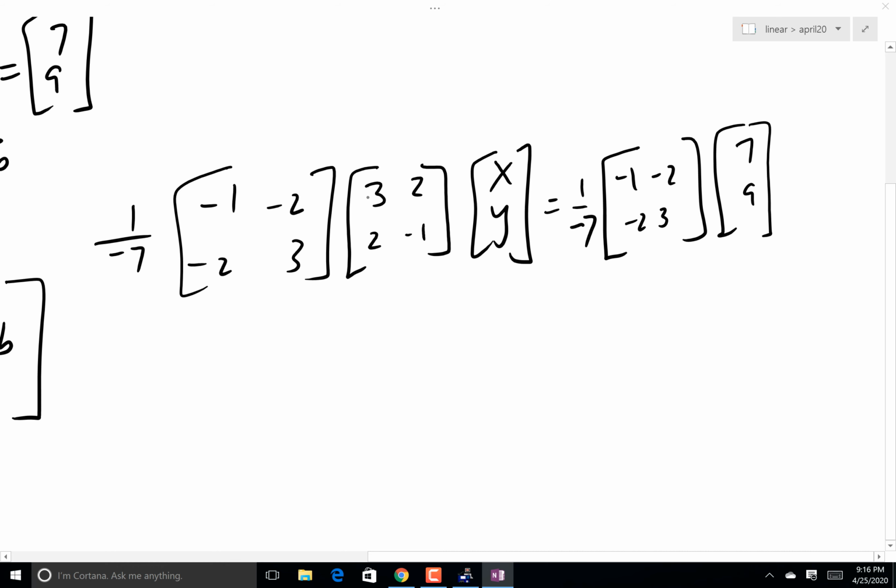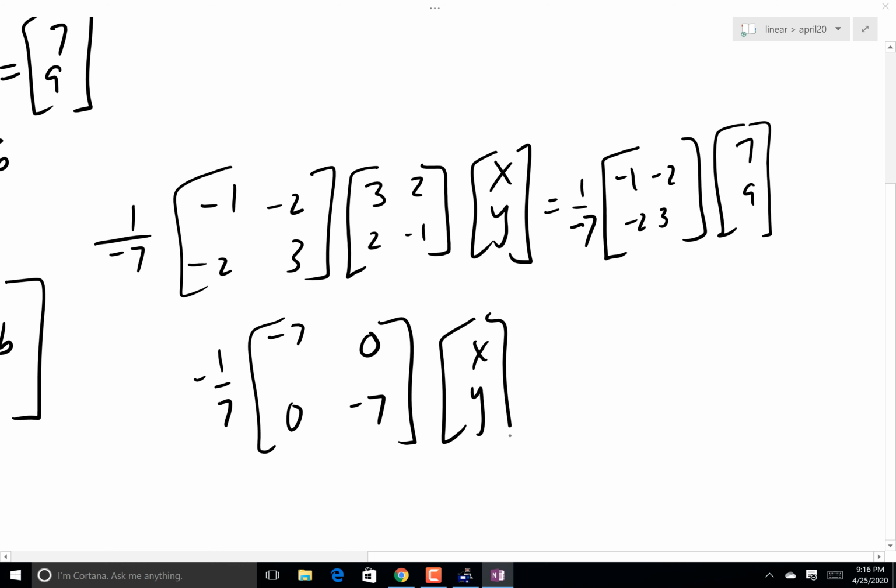Negative 3, oh yes, negative 3 minus 4 is negative 7. Don't panic. It's going to be negative 2 plus 2 is 0. It's going to be negative 6 plus 6 is 0. It's going to be negative 4, negative 3. If you do that, well, obviously that's 1, 0, 0, 1. So x and y is all I'm left with, is equal to.